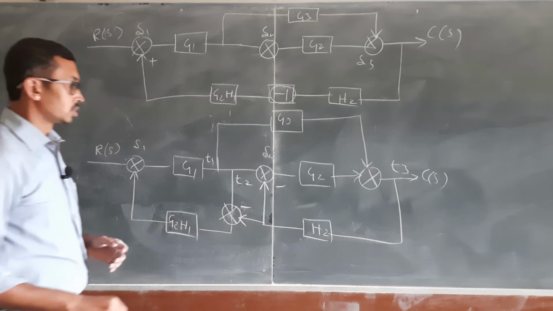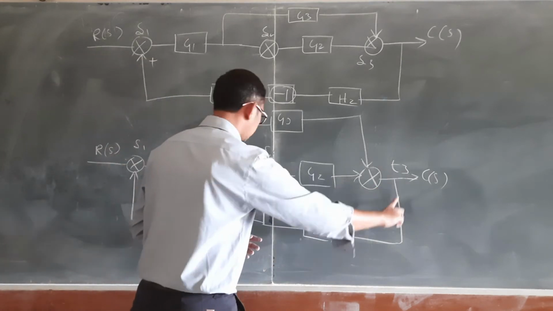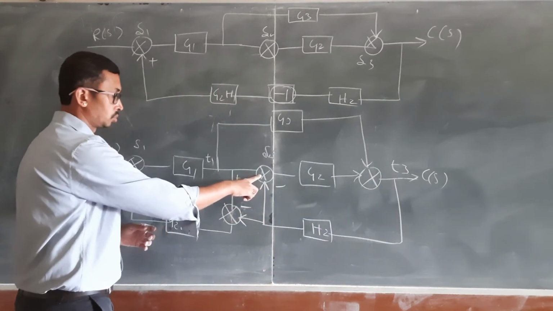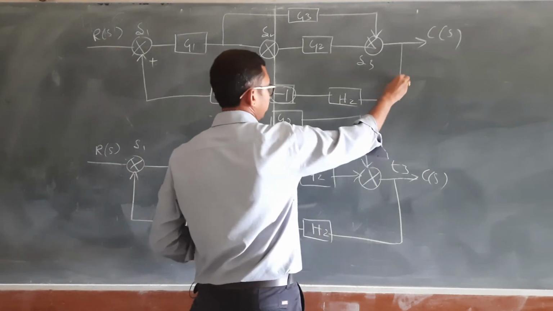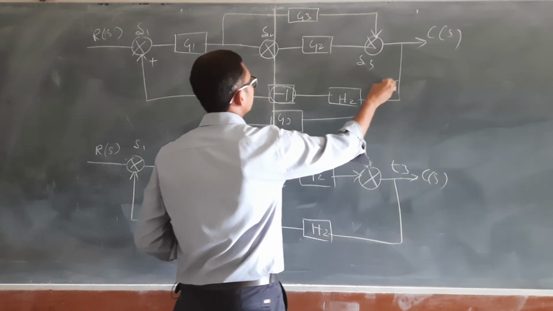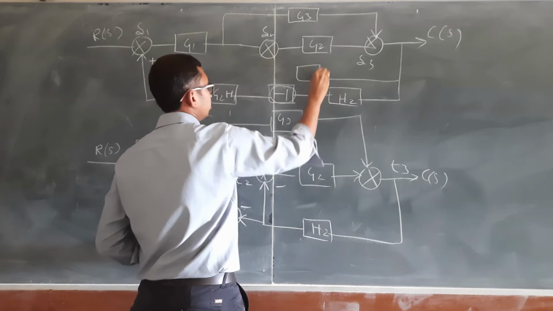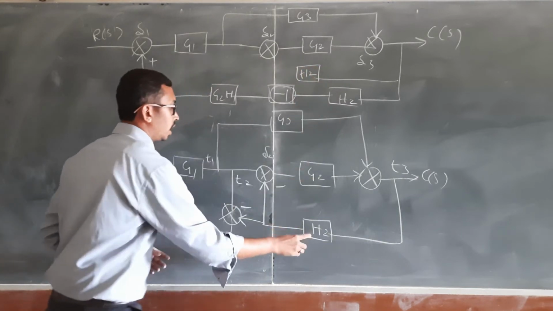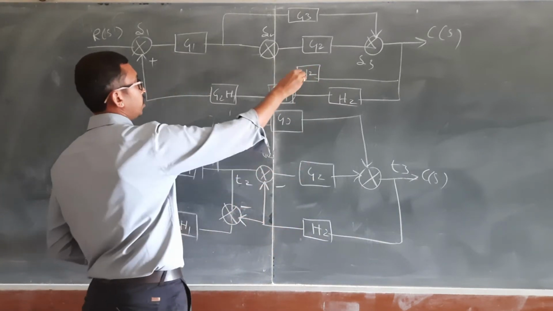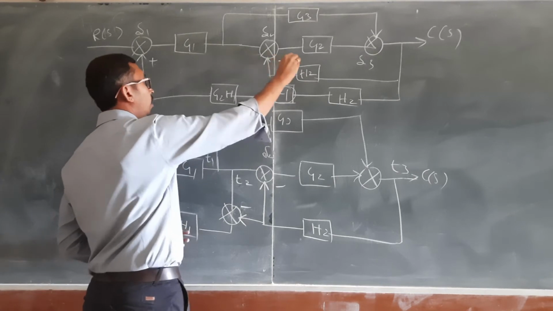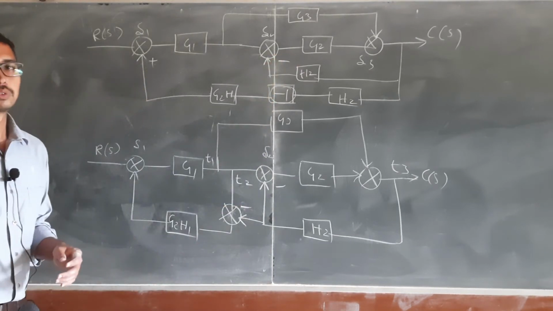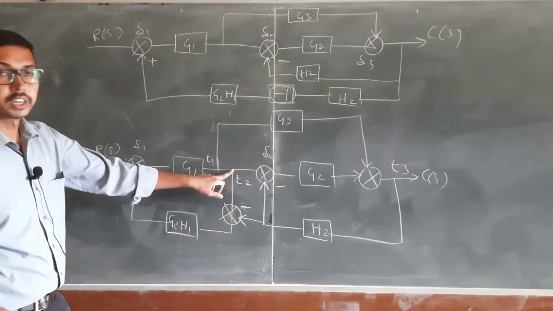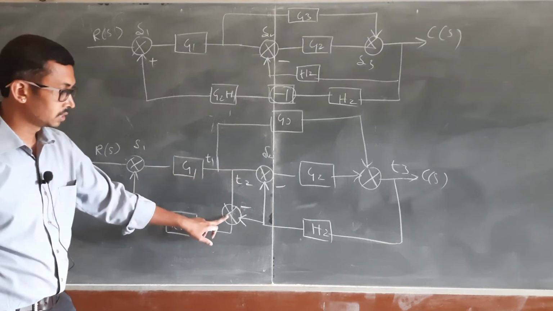Next, there is another path from T3 to summing point 2. From here I have another feedback with H2, and directly it goes to summing point 2 with the signal of minus. Next, what else do I have? From this takeoff point 2 I have a signal.